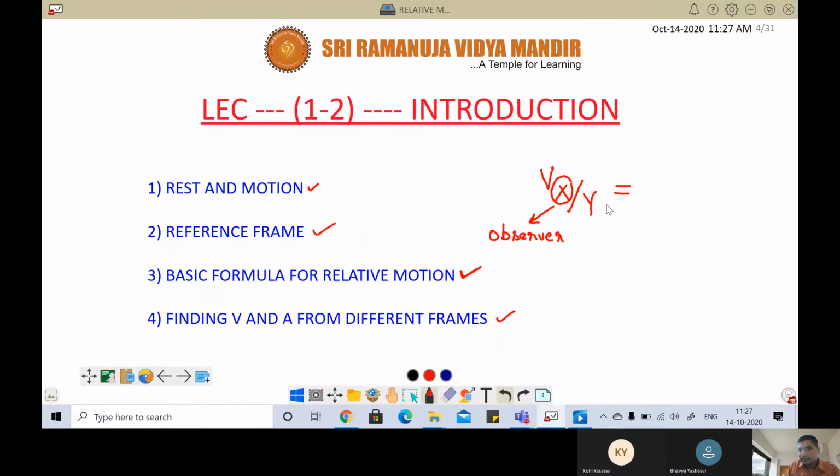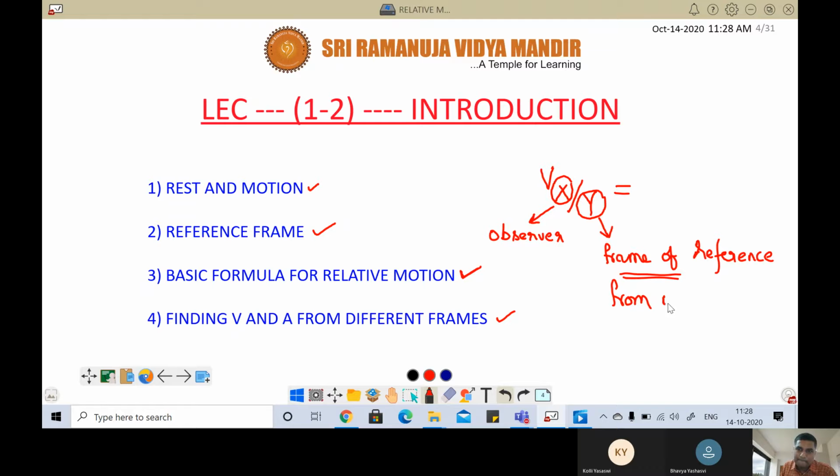And what is meant by y? You cannot say it is standing on the ground. This is the frame of reference. Here I did not give any situation. If I give a situation, then you can say it is ground or train or car. But it is definitely called the frame of reference, that means from where you are seeing.